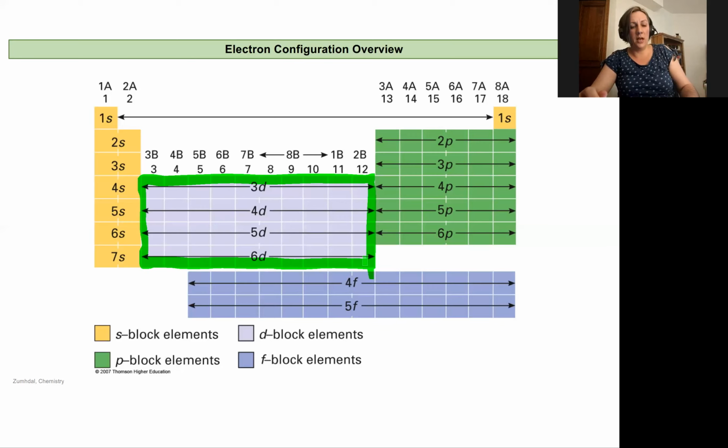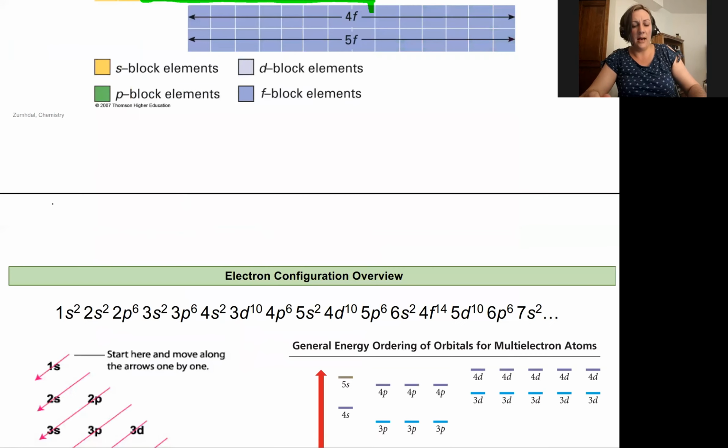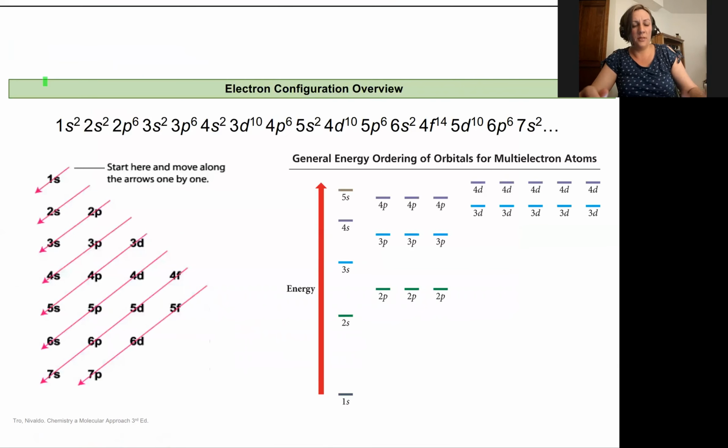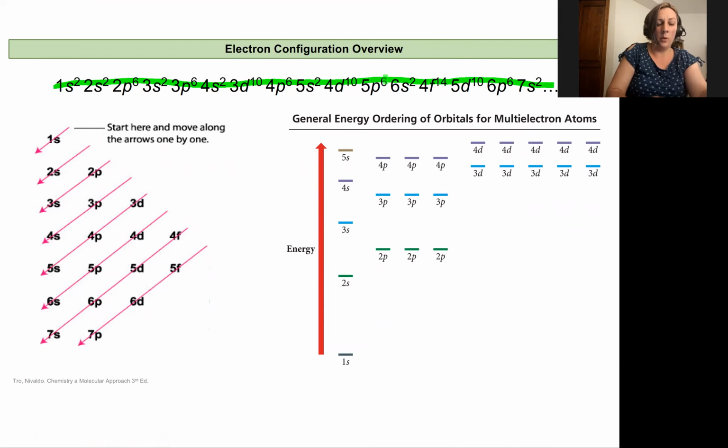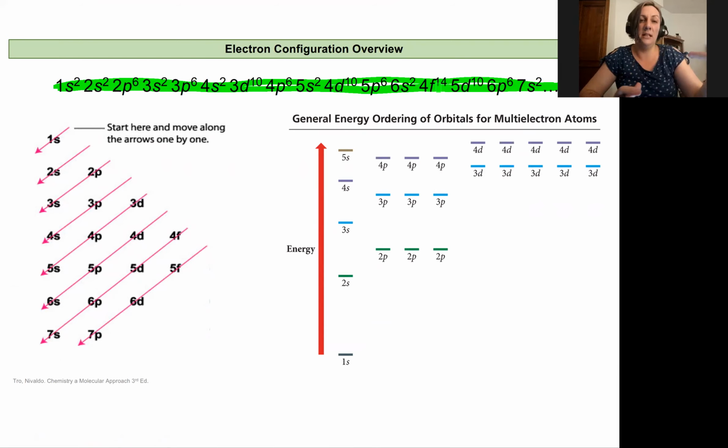And it's worth reminding ourselves of how these orbitals are filled with electrons as we add more and more and more. And so up here at the top, we have our generic electron configuration that'll apply for any element. And it's really showing the order in which electrons fill in an element.